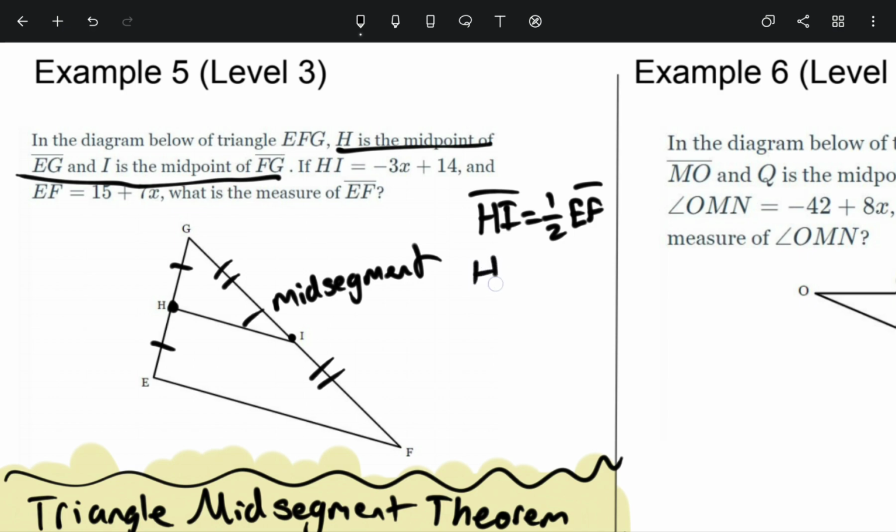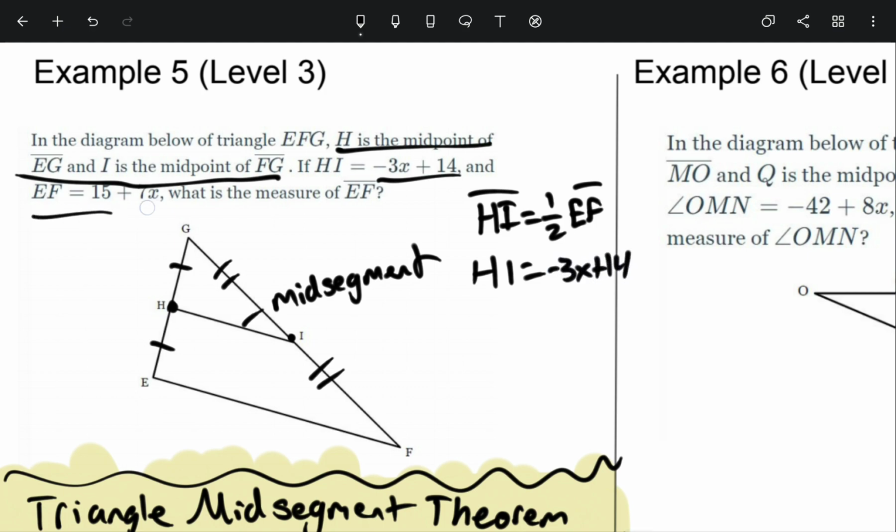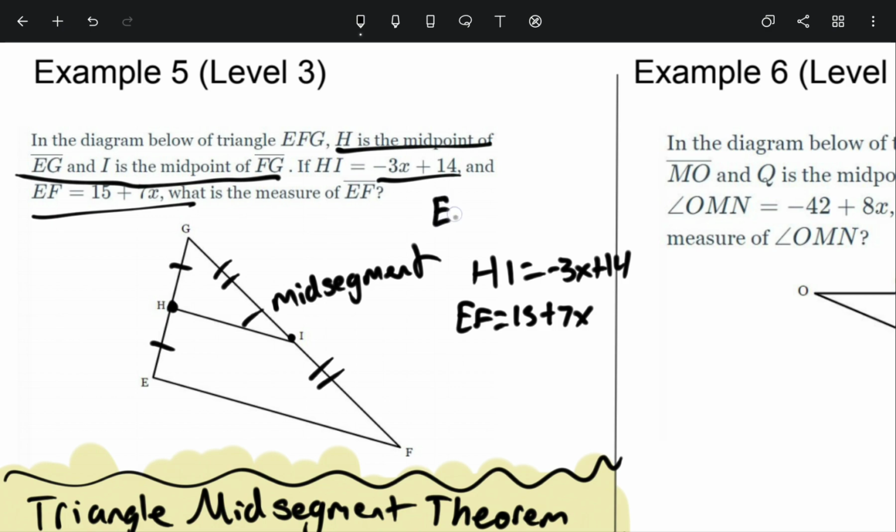We know HI is equal to negative 3x plus 14, and EF equals 15 plus 7x. Okay. And I'm actually going to use the other way around because I don't like dealing with fractions. So I know EF, which is our longer segment, is going to be twice the segment HI.